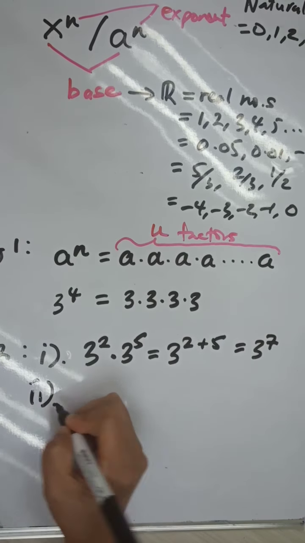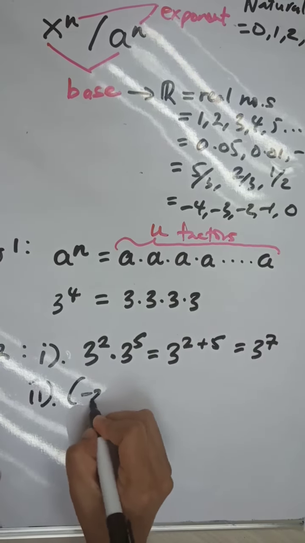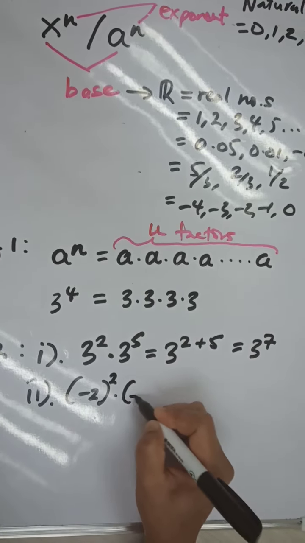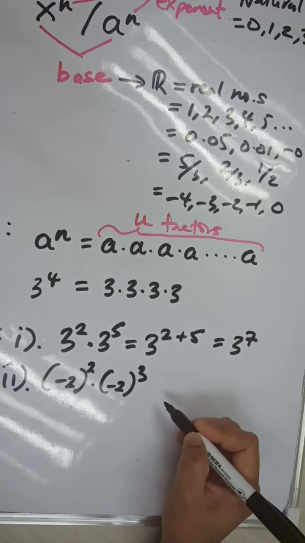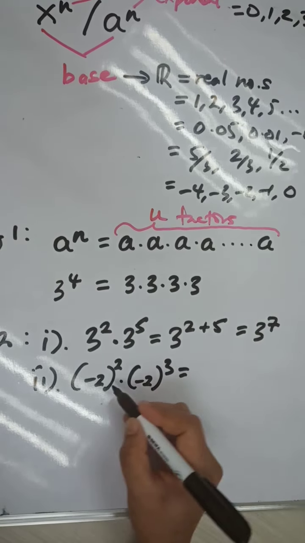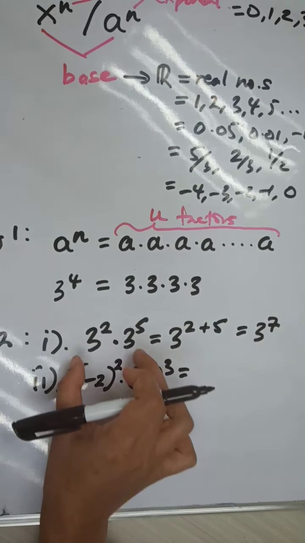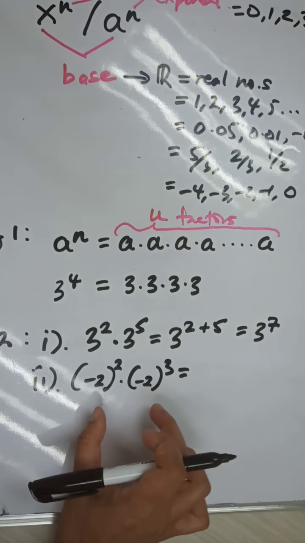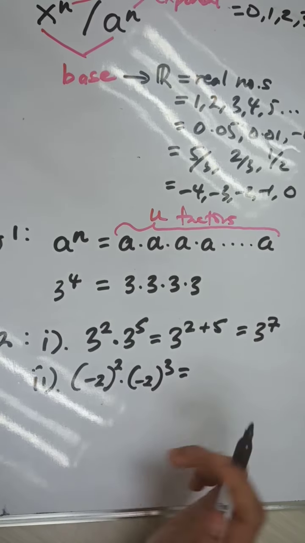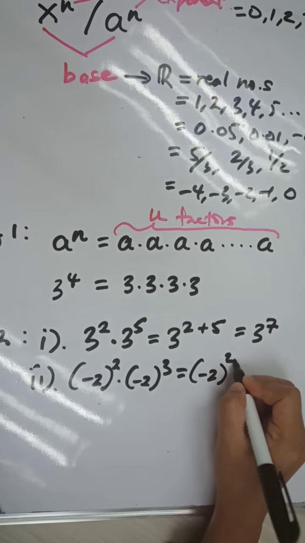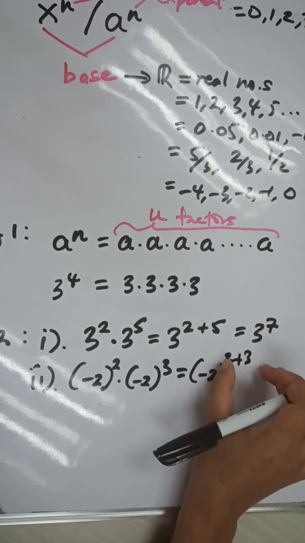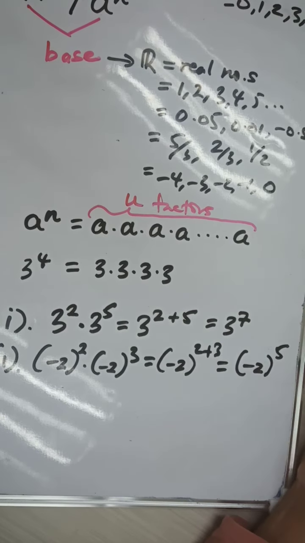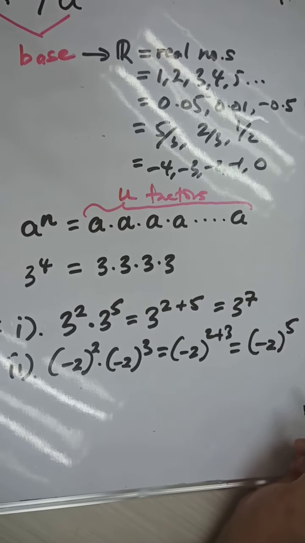Next, let's say I have negative 2 power of 2 multiply negative 2 power of 3. What will be the answer? Since we have the same base, remember you can add the exponents when we have the same base. Just now we had 3, and here we have negative 2 and negative 2. So for the base you add the exponents. The answer is negative 2 power of 5. This is example 2.